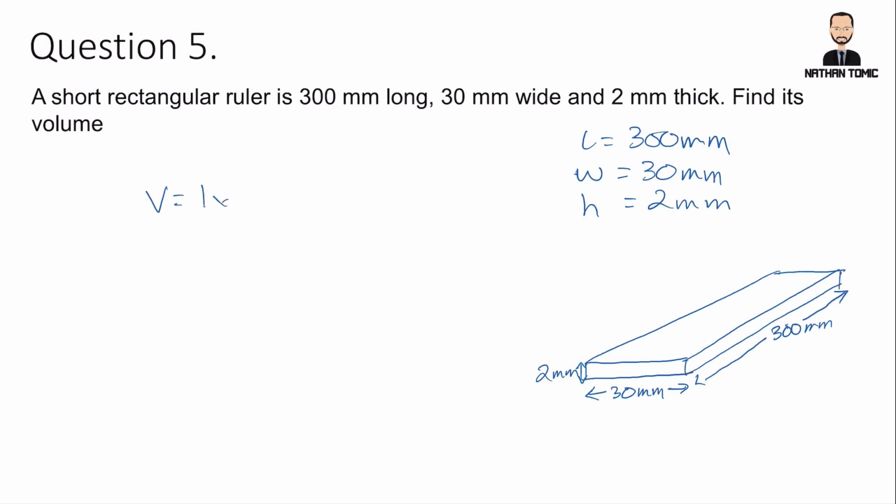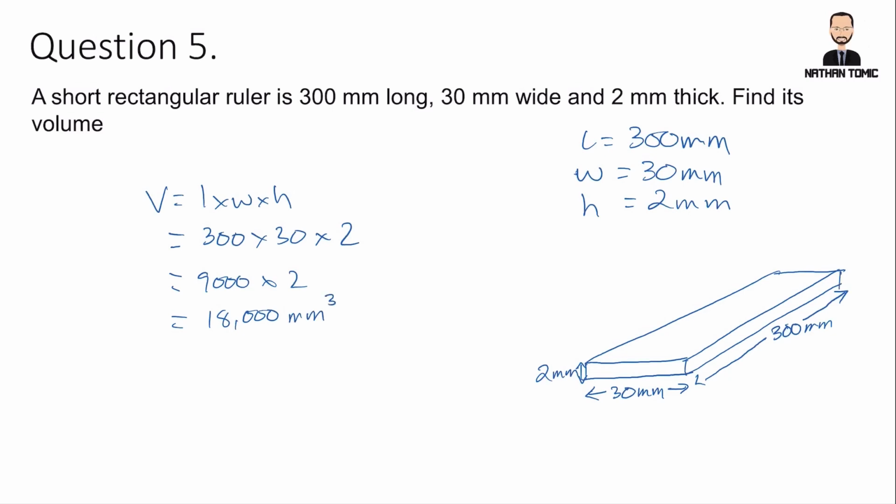So that's our ruler. But again, let's plug in our values. Volume equals length times width times height, which is equal to 300 multiplied by 30 multiplied by 2. 300 by 30 is 9,000, still times 2. And then we have 9,000 times 2 is 18,000. Again, millimeters. And don't forget the cubed.